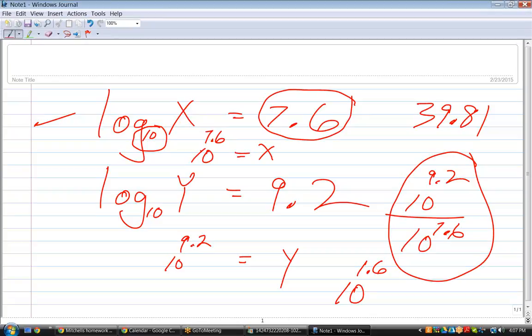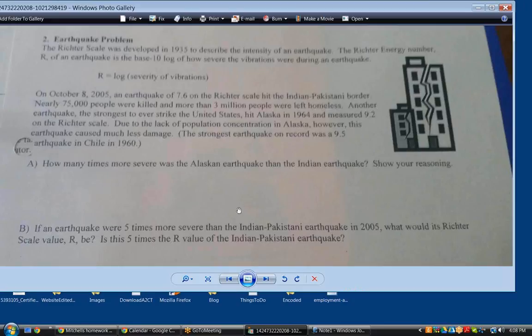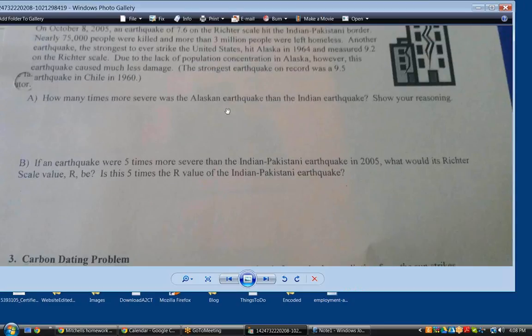But a 9-point earthquake is 100 times bigger. It's 10 times 10. So the fact that this is 1.6 bigger on the Richter scale, 39.81, sounds very reasonable. So I'm pretty sure that's the way to do it. Let's look at B.